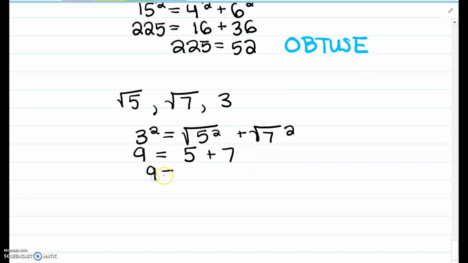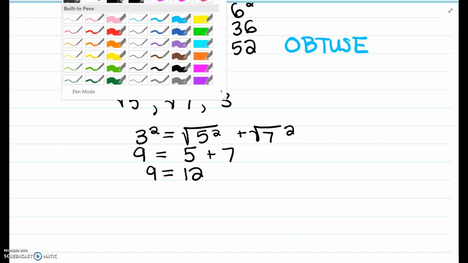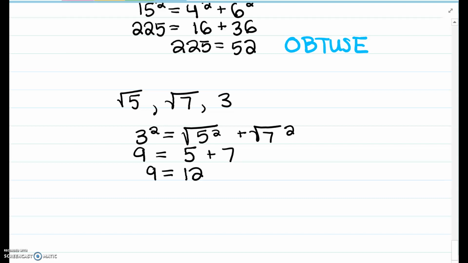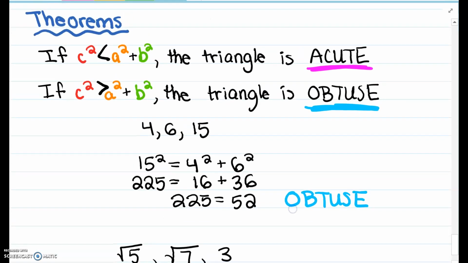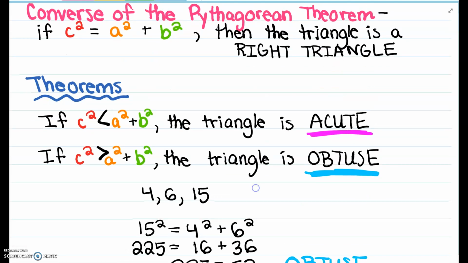And then we get 9 equals 12. 9 is smaller than 12, so this is an acute triangle. And if you get both sides of the equal sign to equal the same number, then it is a right triangle.